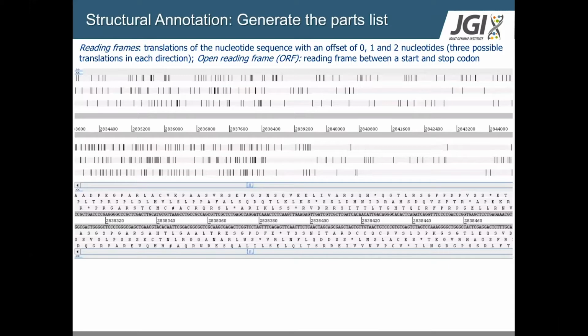So the purpose of structural annotation is to get at coding sequences, not just protein coding. It can be regulatory or RNA sequences, tRNAs. So structural annotation really is just looking for the features of a gene.